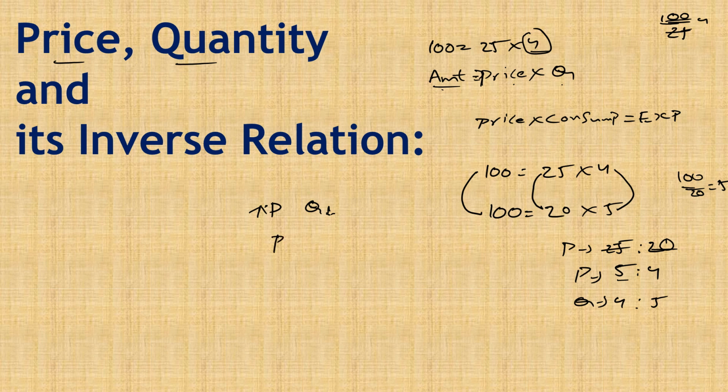If the price is decreasing, the quantity you get is increased. That is, price and quantity relation is inverse. Okay, if the amount is same that you spend at both times. Understood?